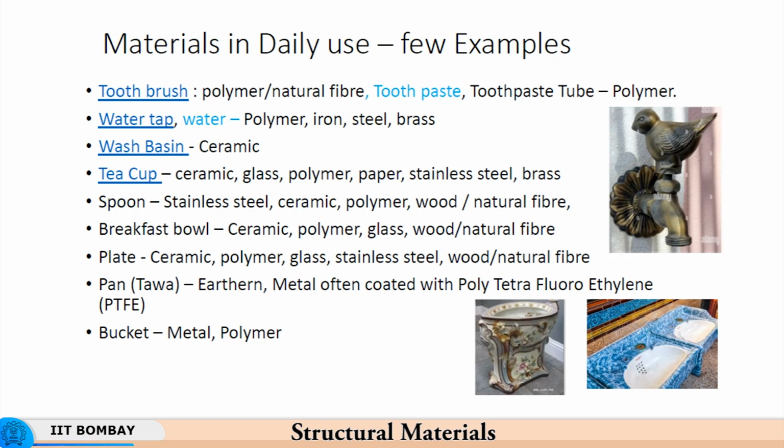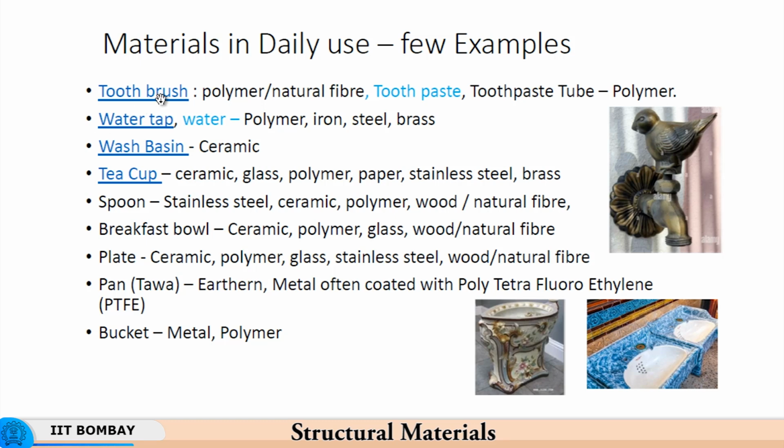examples. So, what I would ask you to do is that you list out materials you encounter right from the time you get up in the morning to the time you go to bed, and you list out various activities you perform, the kinds of products you use during that period, and what kind of materials are involved during the course of that.